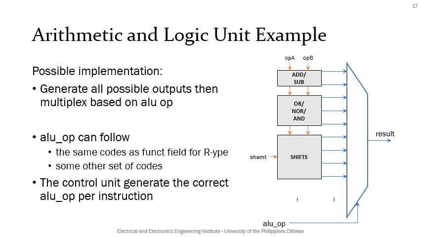For example, the control unit must generate the ALU-op for addition even if the instruction is a load word, which does not have a func field. Note that load words need to add the base address to the offset to generate the effective address. In the same way, the control unit must also generate the ALU-op for addition if the instruction is an addi, even if addi does not have a func field.